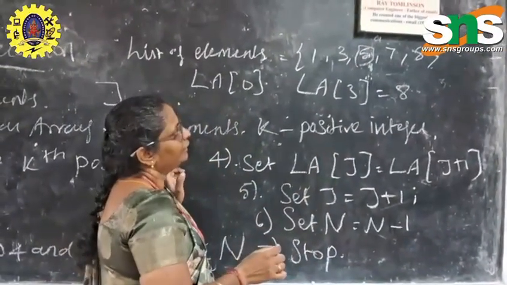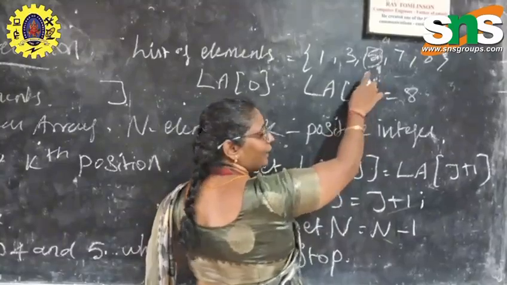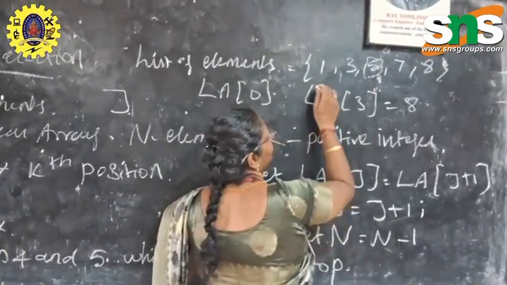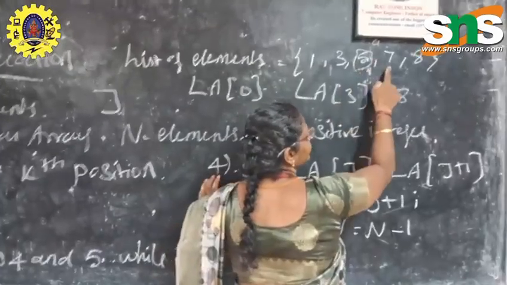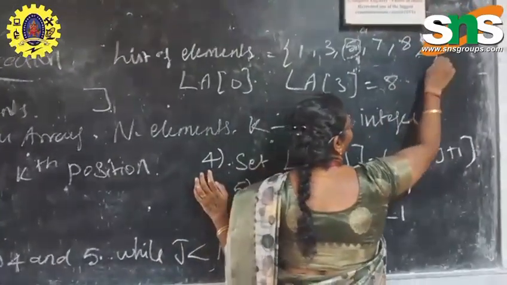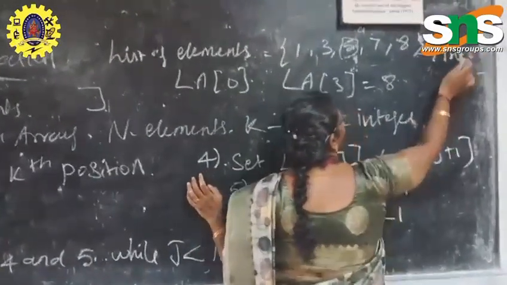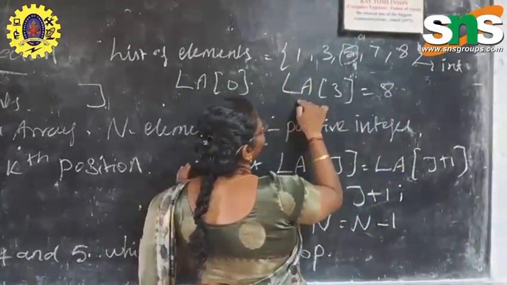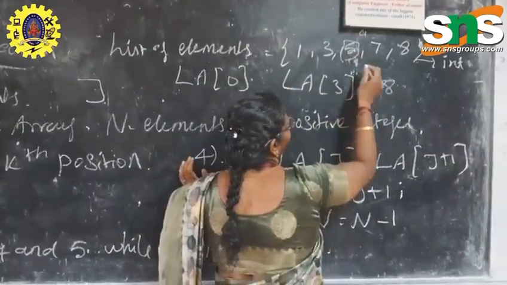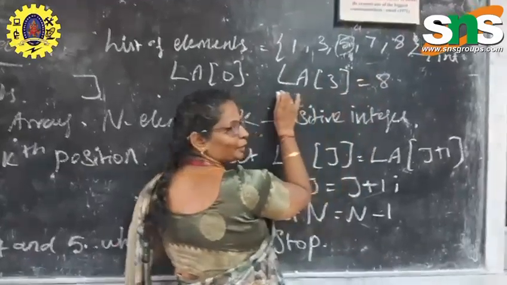After that, we delete that particular element. All of them must be integers, the same data type in a list or array, a linear array. From that we delete this 5, and then we display the remaining elements.